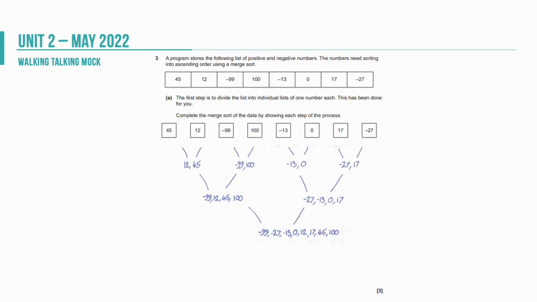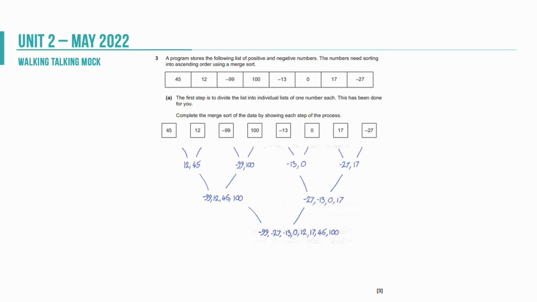So remember, with a merge sort, we merge each individual number into a pair and we sort them as we do that. We then merge each pair into a group of 4 and we sort them again as we do that. We then merge each 4 into our final answer, and each time we merge, we sort them as we merge them.